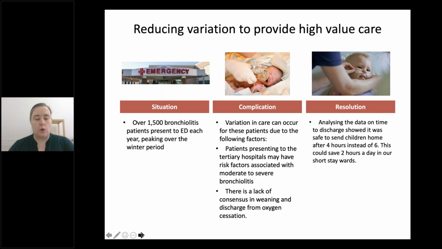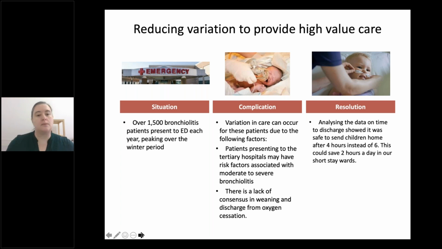Working with the clinical teams, they looked at the research on what time you could safely discharge a patient once they've been off oxygen, and there wasn't any research out there. I think Royal Children's Hospital was discharging people after 4 hours, and we were discharging people after 6 hours. So we moved to do that.